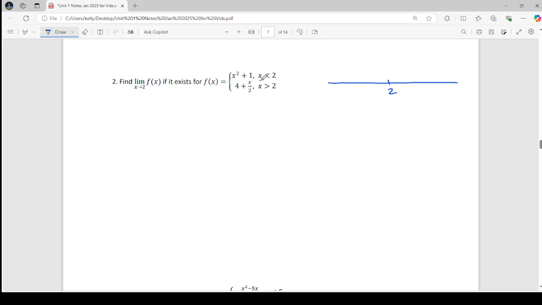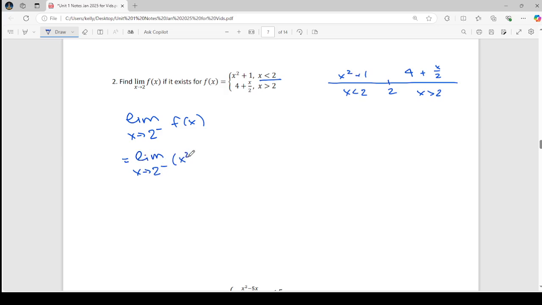To the left of 2 are x values less than 2, and to the right are x values greater than 2. The function to the left is x squared plus 1, and the function to the right is 4 plus x over 2.